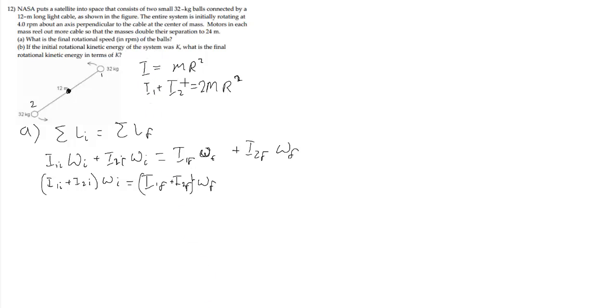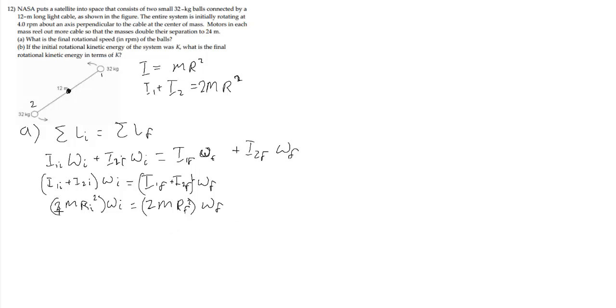Alright, so we can call I1 plus I2 2mr squared, and then this r is going to change for each one. So this is going to be 2m r initial squared times omega initial, and that's going to be equal to 2m r final squared times omega final.